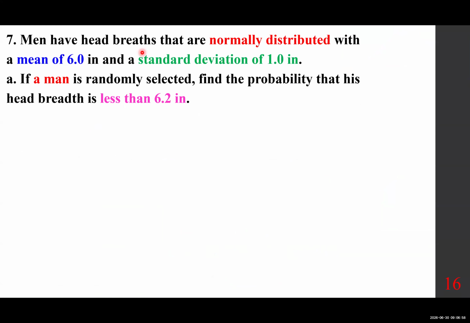Men have head breadths that are normally distributed with a mean of 6 and a standard deviation of 1. If a man is randomly selected, find the probability that his head breadth is less than 6.2. So first and foremost, what is given? Normal distribution, or ND, mu is 6 and sigma is 1.